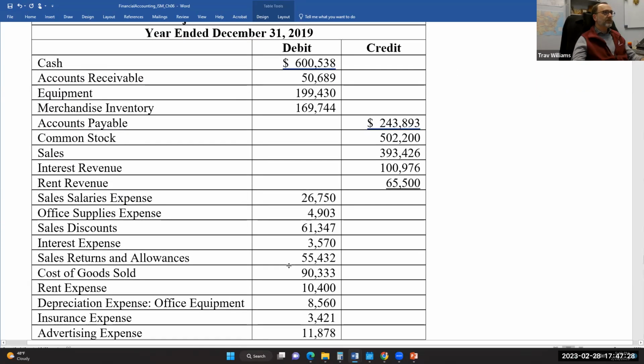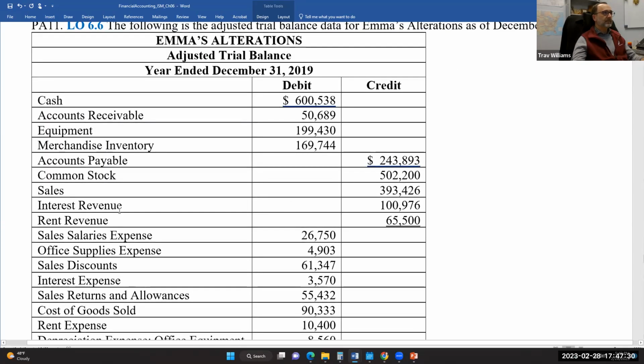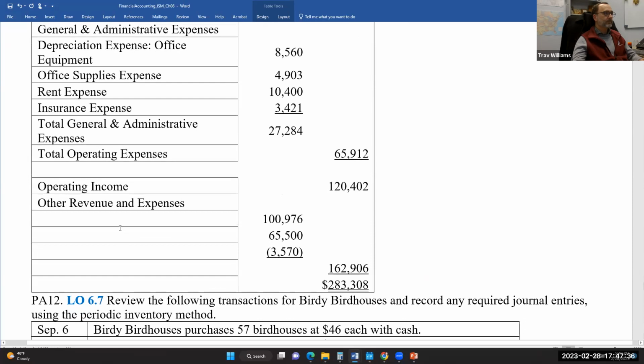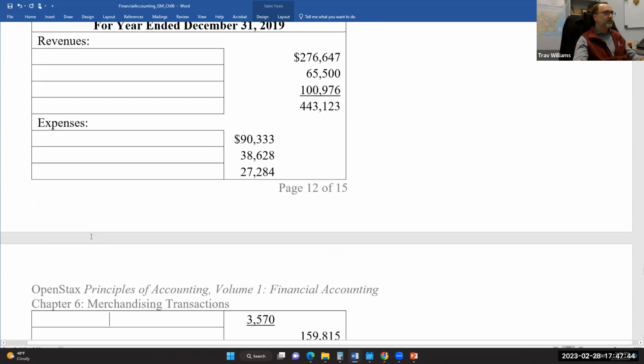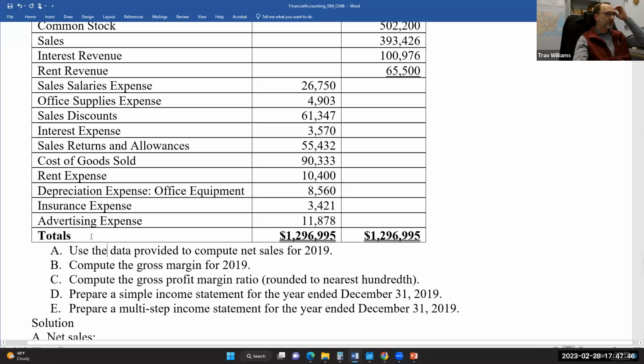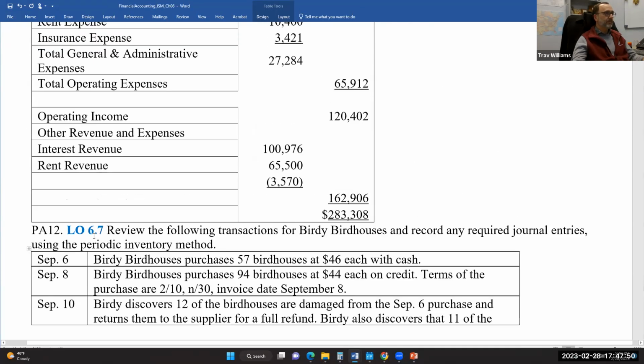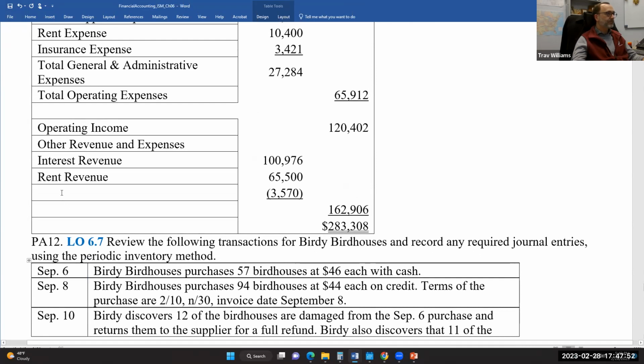The 100,976, that is interest revenue, and the other one is rent revenue. And then the 3,570, I'm pretty sure that's interest expense. Let's just go take a look. Yeah, interest expense. Okay. Interest expense.